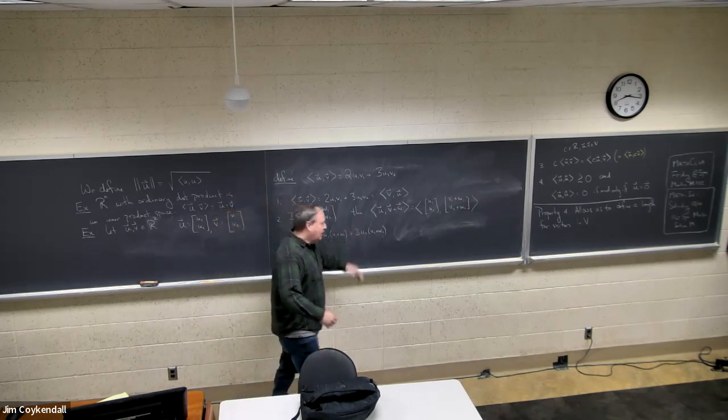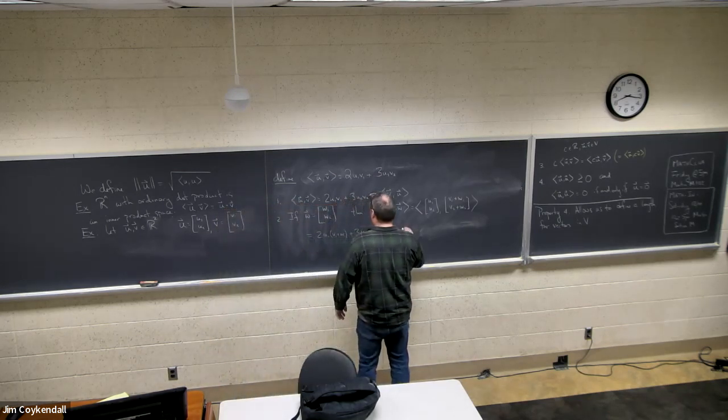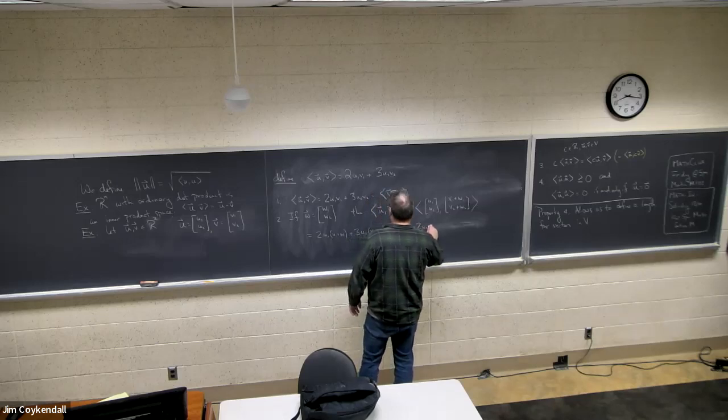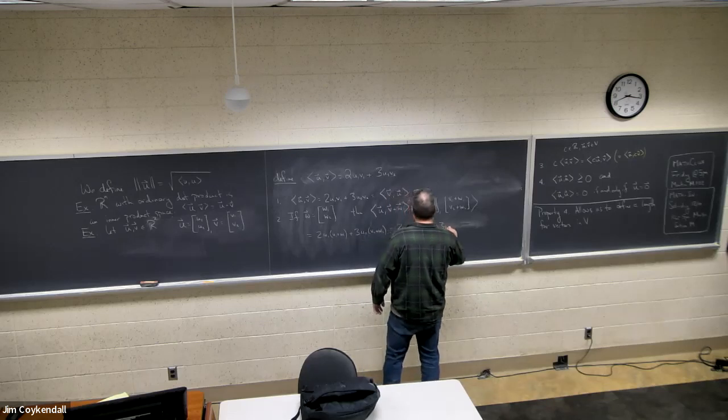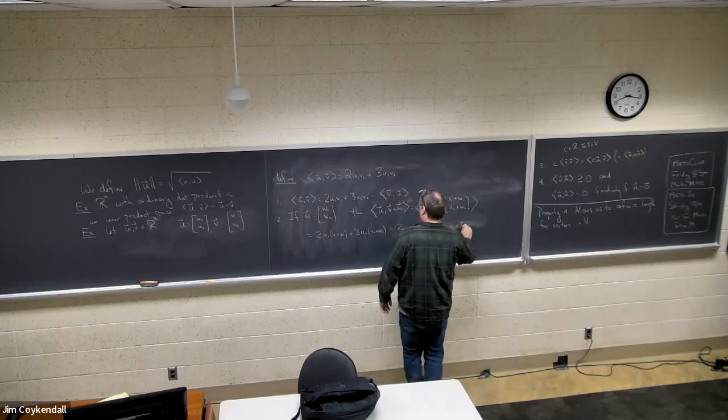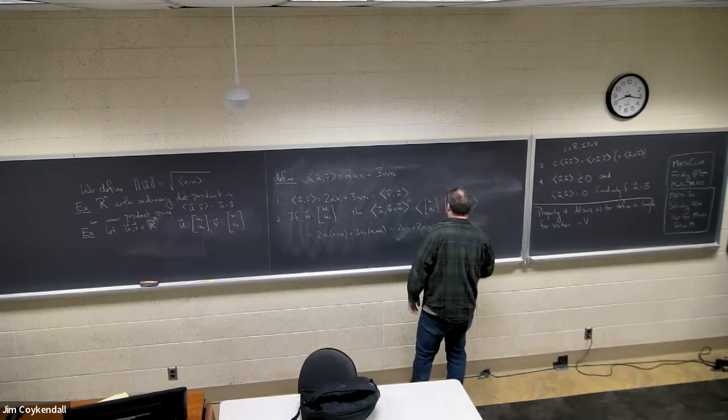Now I can multiply these all out, and this is 2 u1 v1 plus 2 u1 w1 plus 3 u2 v2 plus 3 u2 w2.